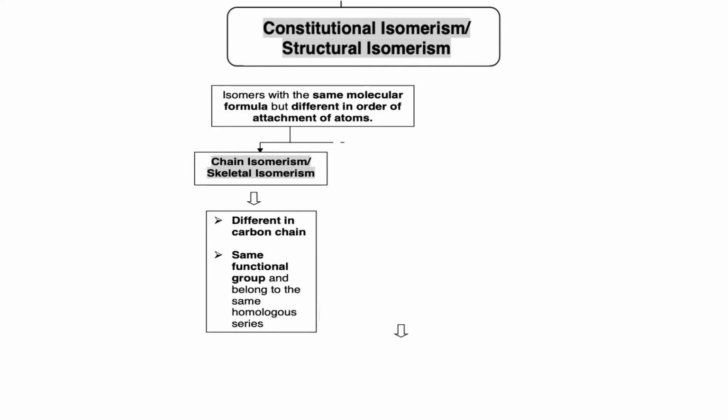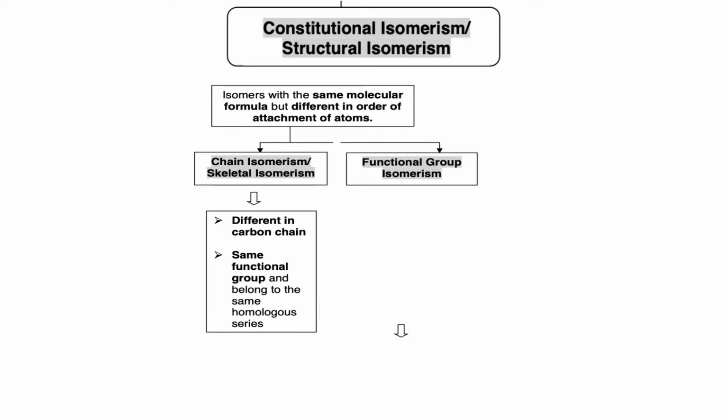So in constitutional isomerism, we have three types. The first one we call chain isomerism, also known as skeletal isomerism. For this one, they have different carbon chains. Maksudnya panjang carbon itulah. Katakan dia ada 5 carbon, kemudian dia ada isomerism, dia punya chain 4 carbon with one substituent. Something like that.